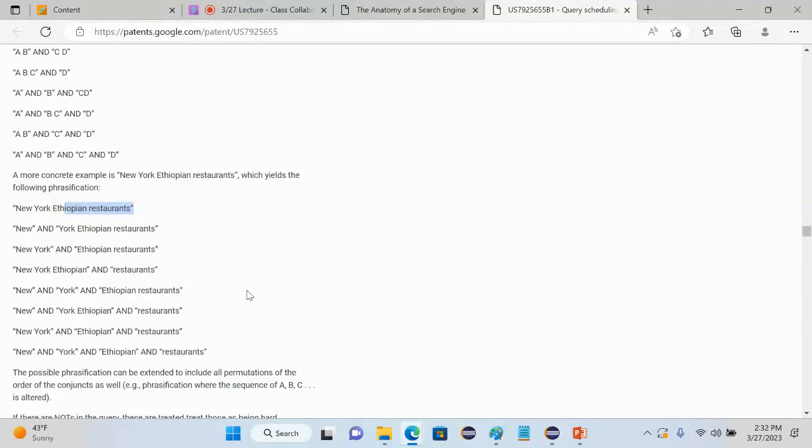And Google needs to figure out which one of those makes sense. And basically, a lot of what it looks at is some assumptions on how people are going to write queries. And number two, any semantic units that are actually present in its database. So for sure, New York is going to be present as a semantic unit in Google's database. Quite possibly, Ethiopian restaurants will be present as a semantic unit in Google's index.